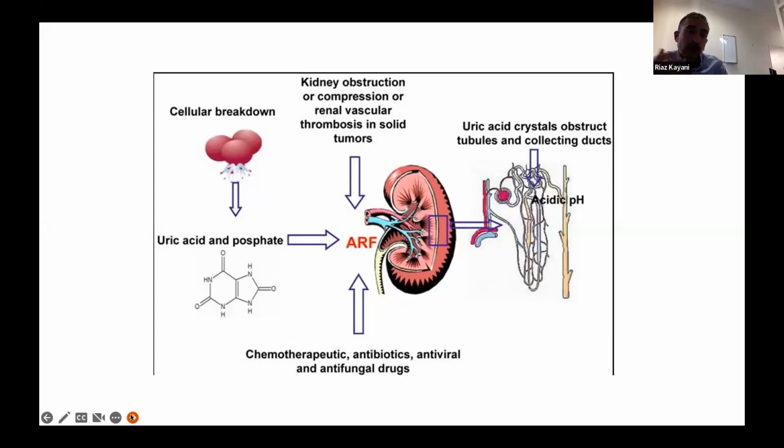The kidney has a threshold over which, if you overcome it, and then add the renal toxic effects of chemotherapy, antibiotics, antiviral and antifungal drugs, and potentially thromboembolic events, which can involve obstruction of the renal vessels, both afferent and efferent, as well as uric acid deposition in the collecting ducts and the tubules, this all goes together to potentiate the effects on the kidney.